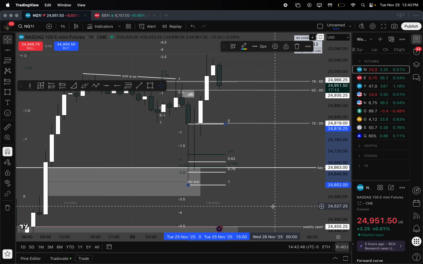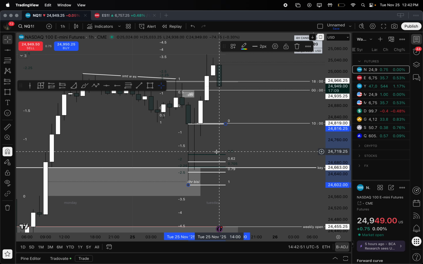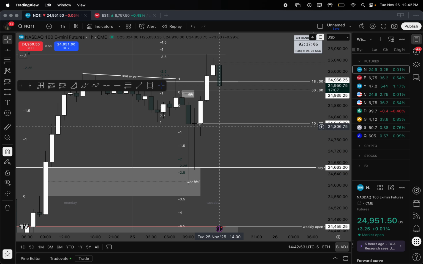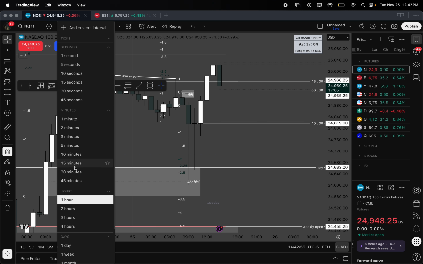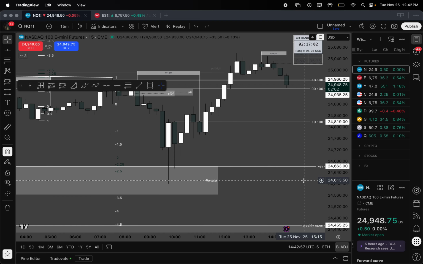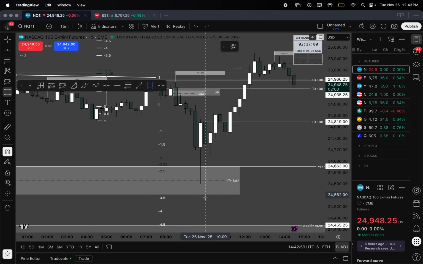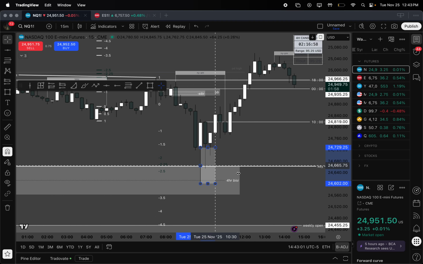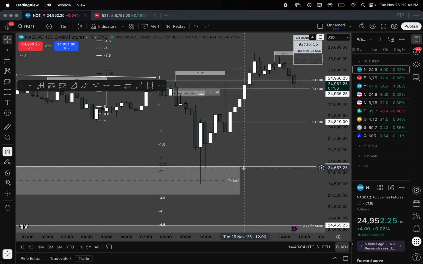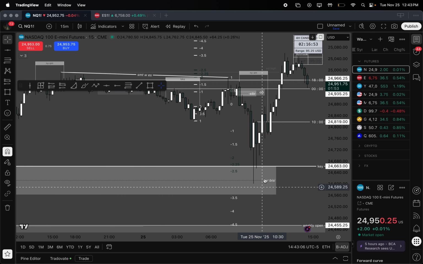So I take the fib of the hourly wick and meet the OTE 0.705. That ends up right there, along with the CE of this wick right here, and there's the 4-hour fair value gap right here as well.